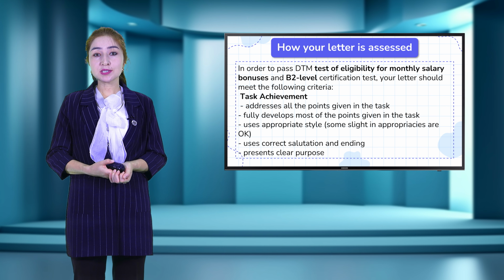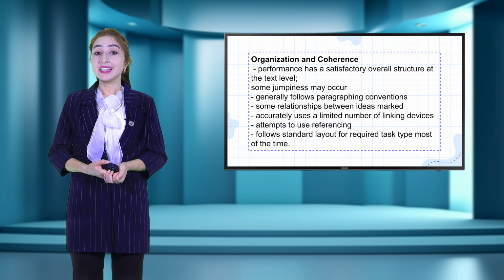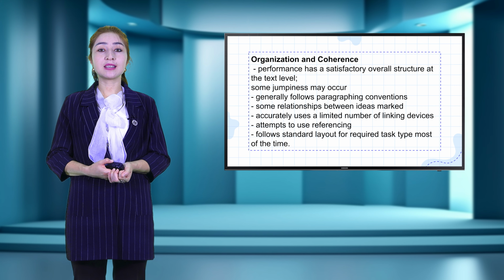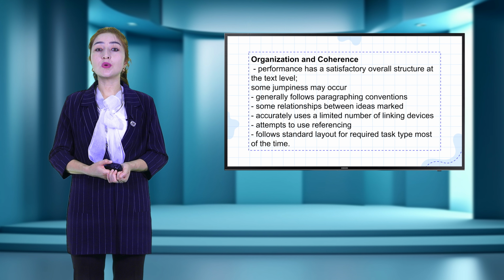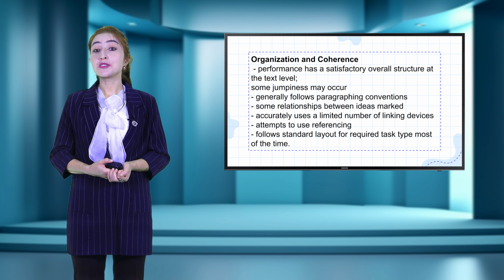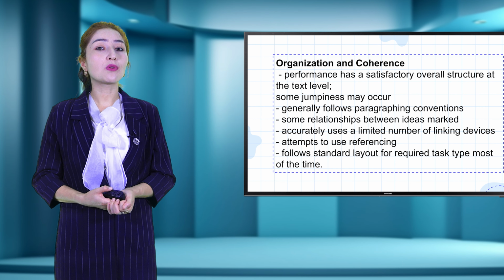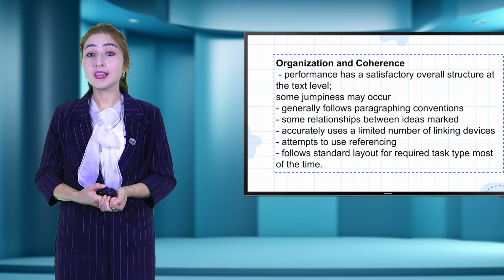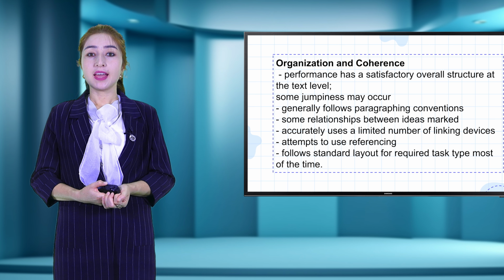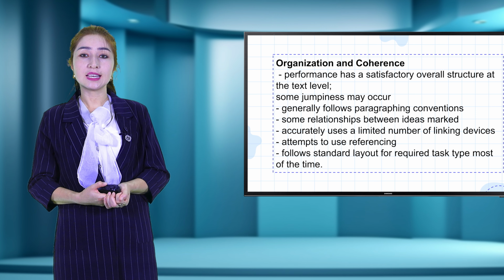The next criterion is called organization and coherence. Here, the performance has a satisfactory overall structure at the text level. Some jumpiness may occur. It generally follows paragraphing conventions, and you must mark some relationships between ideas.